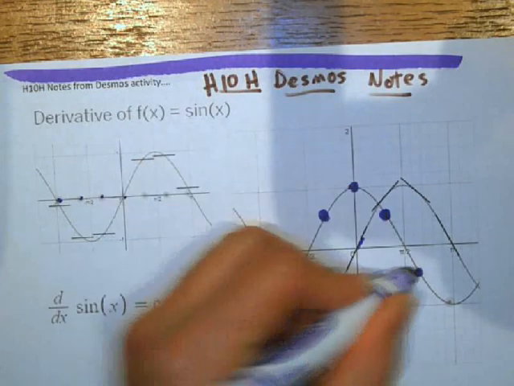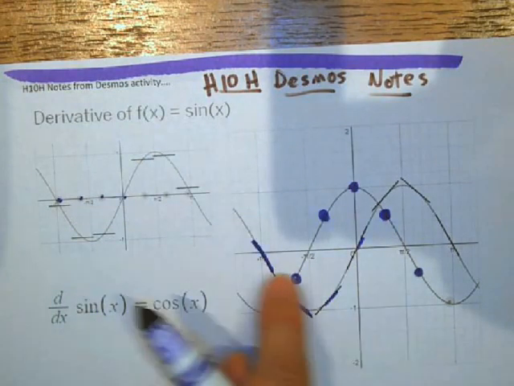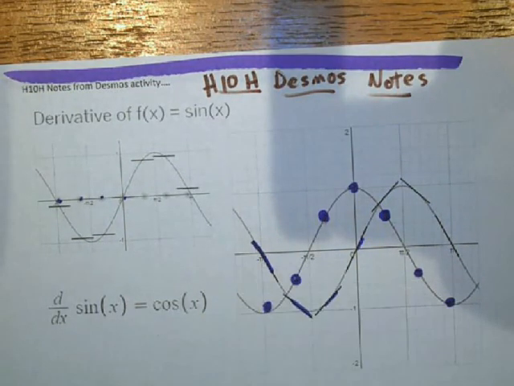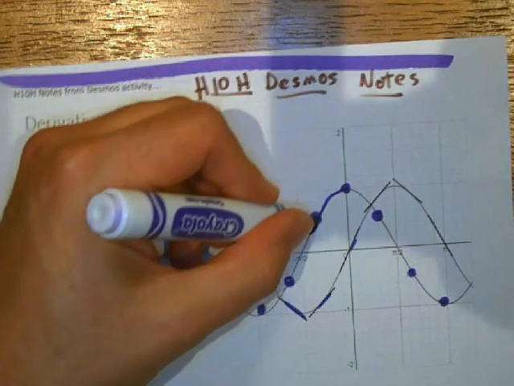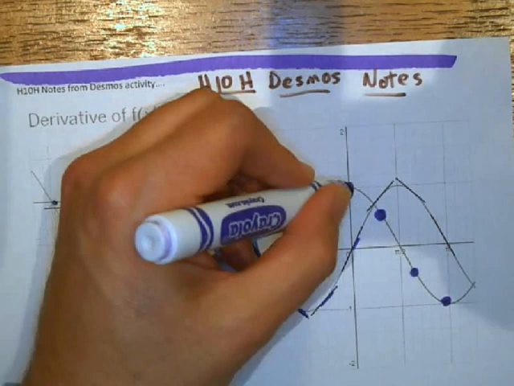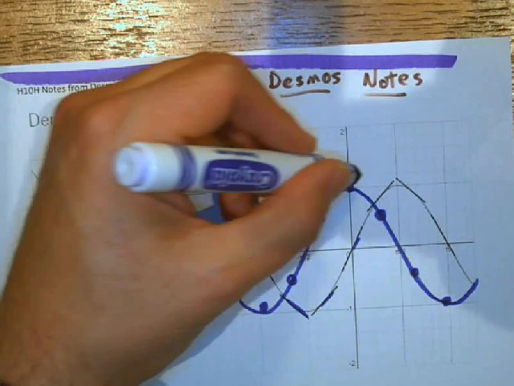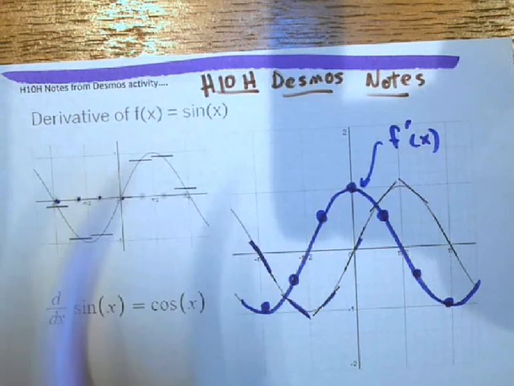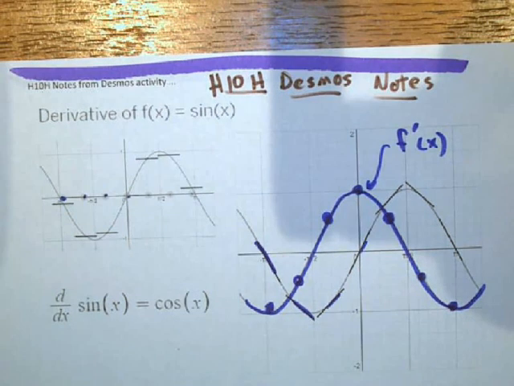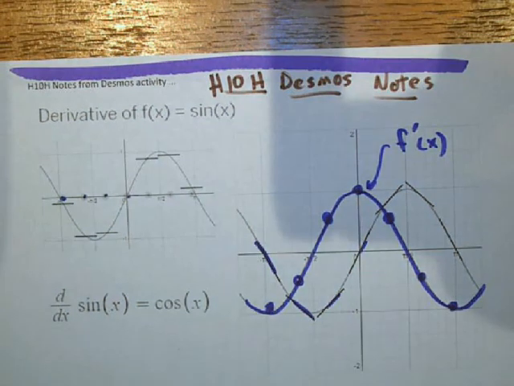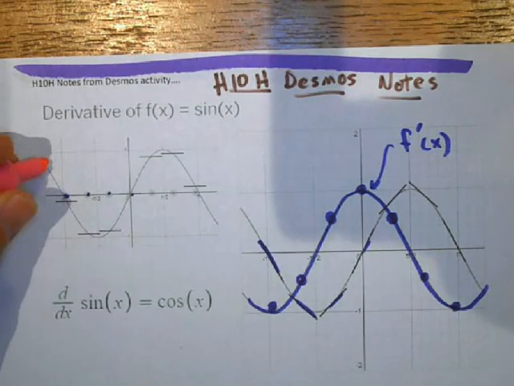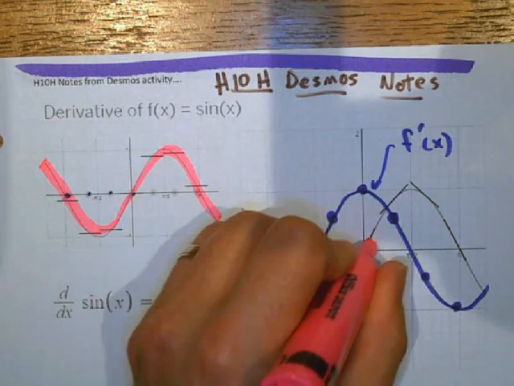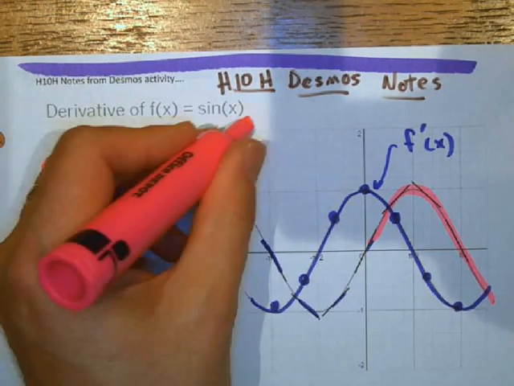When the dots were in these locations, the slope of our original function became this. This graph here in purple represents our derivative. And this original graph, I guess I'll use red, this original graph is sine x.